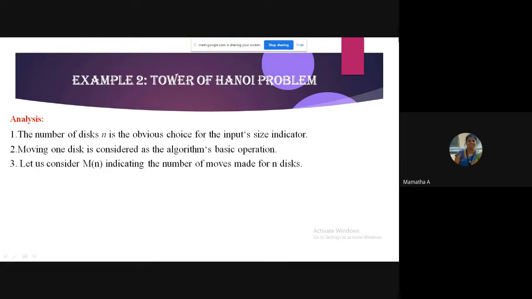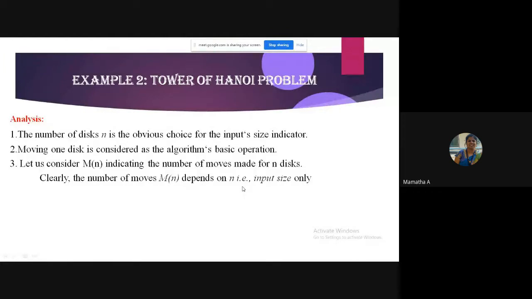So you can observe here that M of n, the number of moves made for n disks, depends only on n. What is that n? That is my input size, the number of disks.